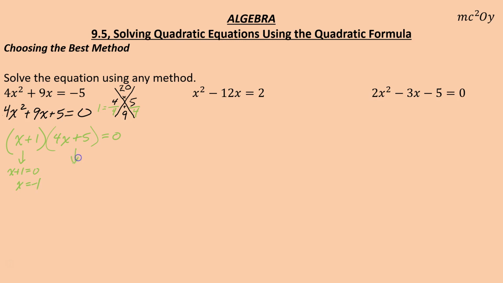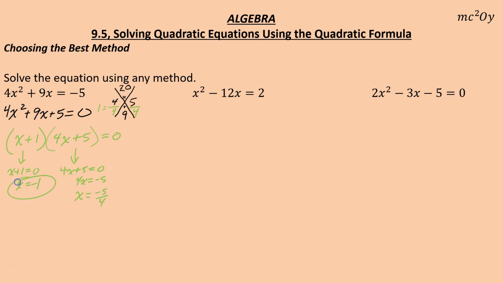Okay, and here, 4x plus 5 equals 0 when, well, we have 4x, we have to subtract 5, and then we have to divide by 4. All right, so when x is negative 5 fourths.